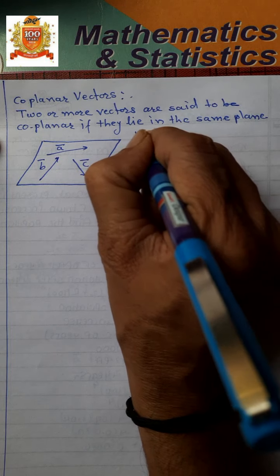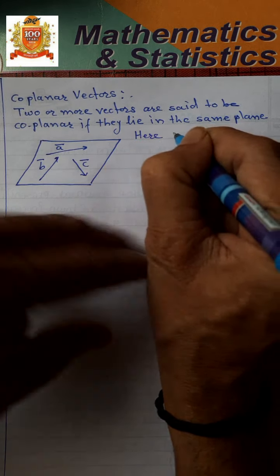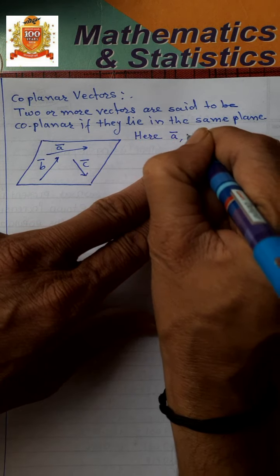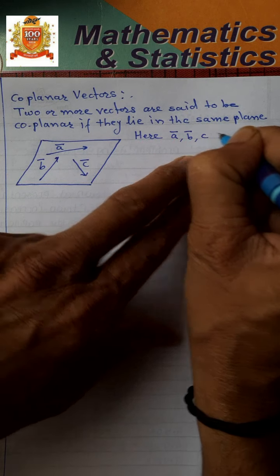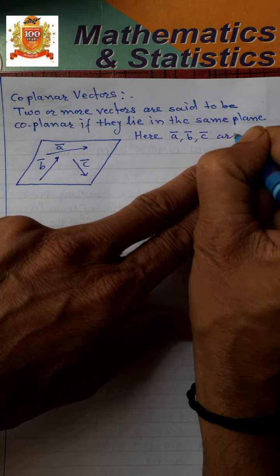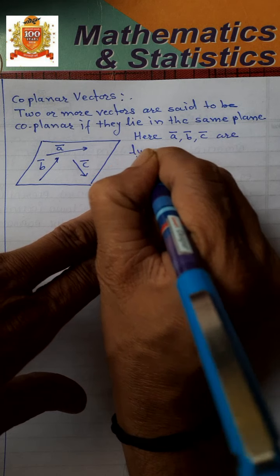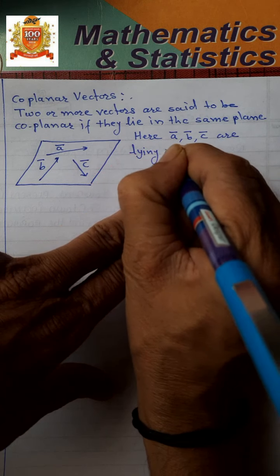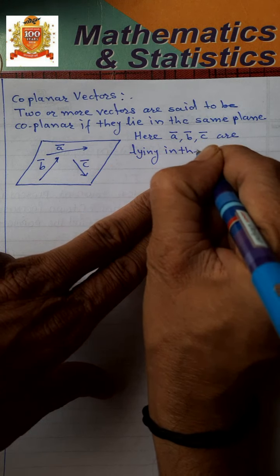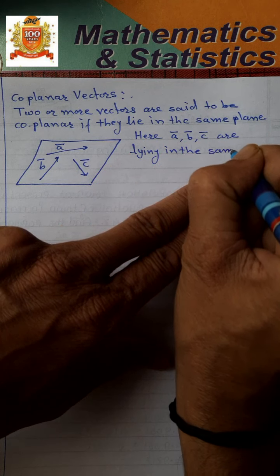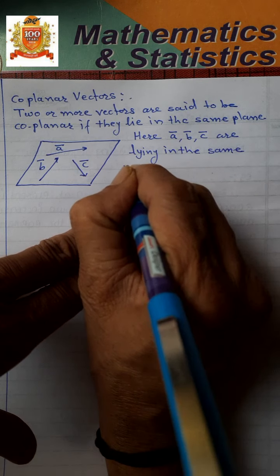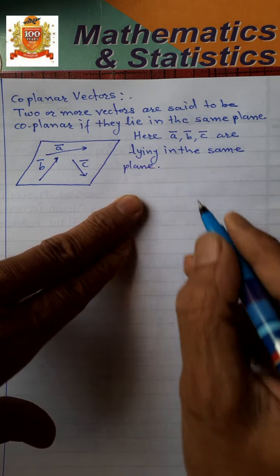Here a bar, b bar, c bar are lying in the same plane, isn't it?